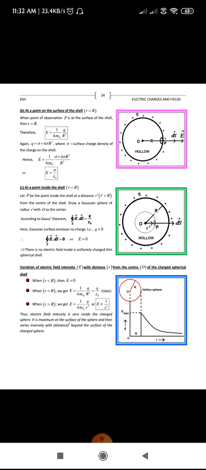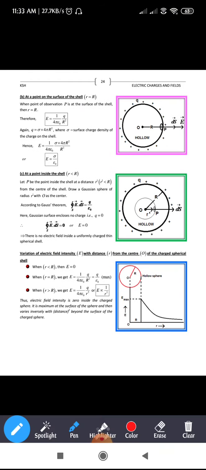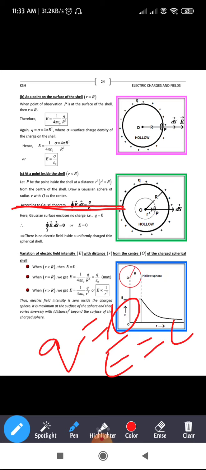Do you have charges inside that spherical shell? No, right? So q is equal to 0. If you substitute q equal to 0 in the Gauss theorem, the electric field comes out to be E is equal to 0.